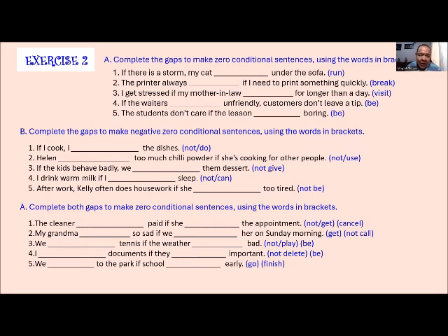Exercise number 2, letter A. Complete the gaps to make zero conditional sentences using the words in brackets. Remember that we use the simple present tense. If you check the brackets, we have verbs. You have to put the verb in the correct form, please.